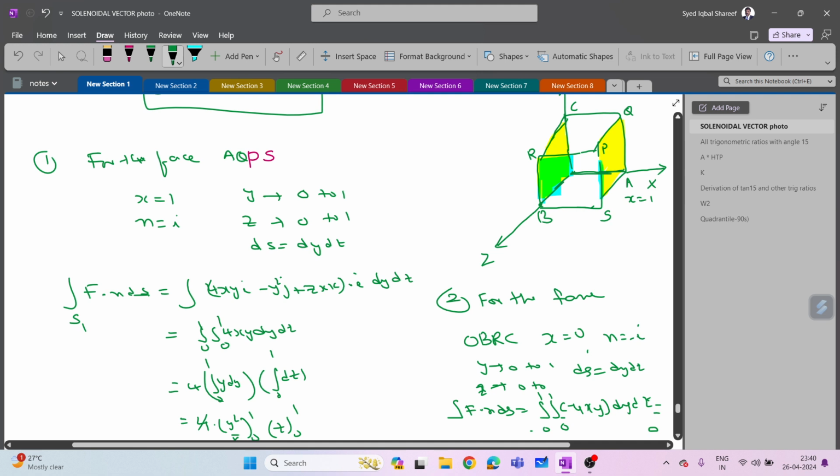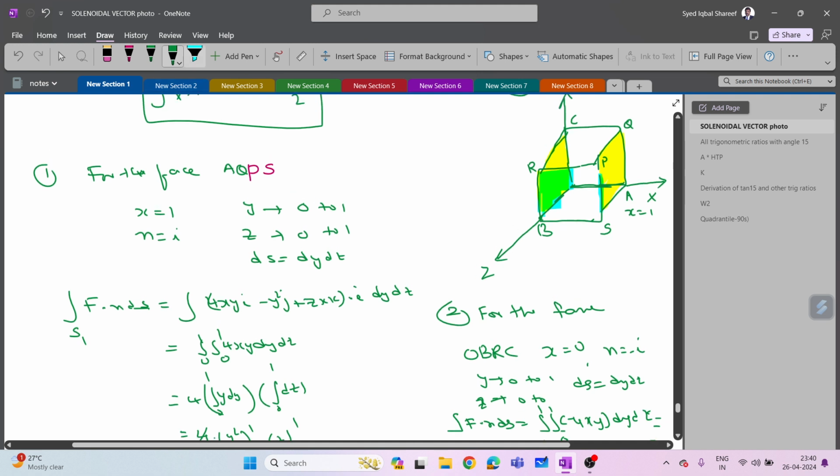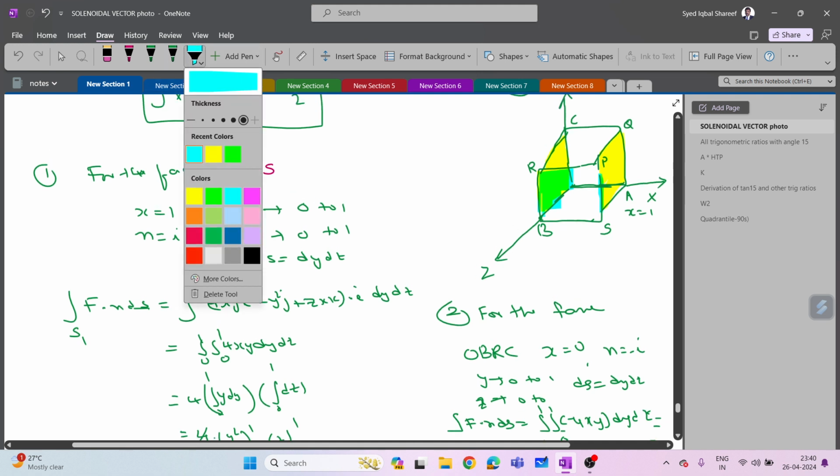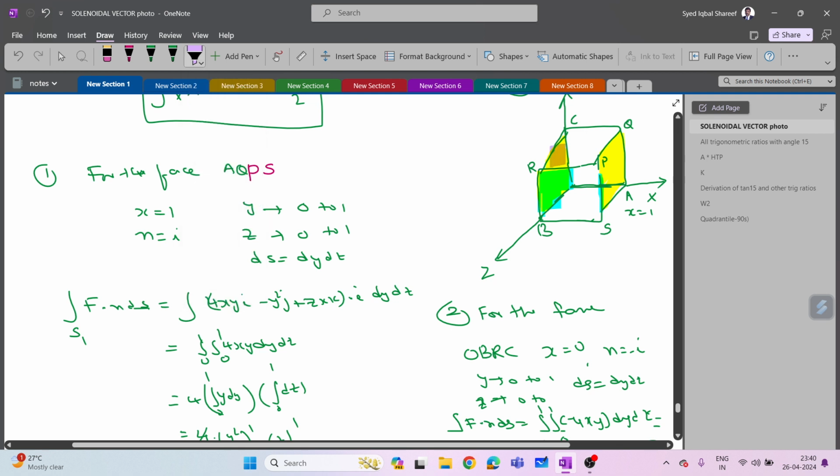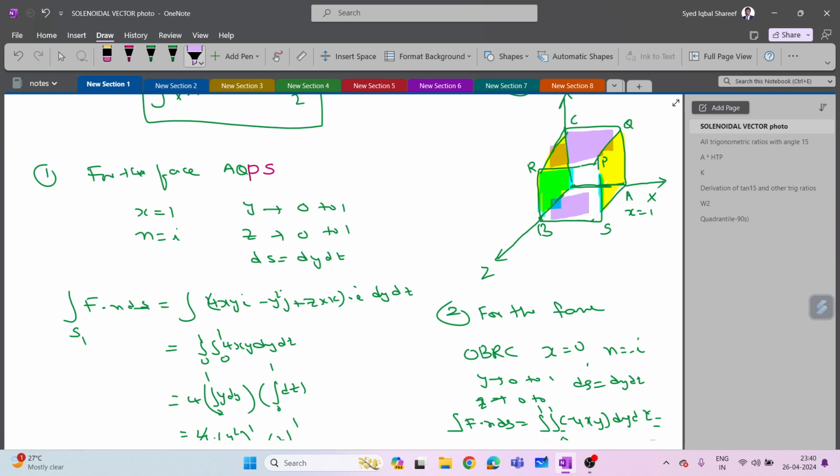And for this face and the opposite face, y equal to 1, and n equal to j. Here y equal to 0, and n equal to minus j.